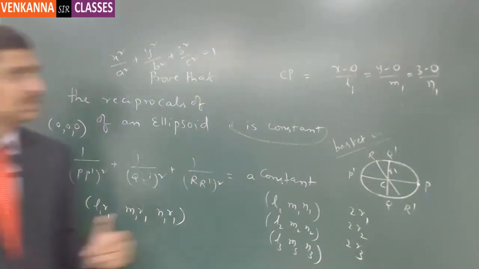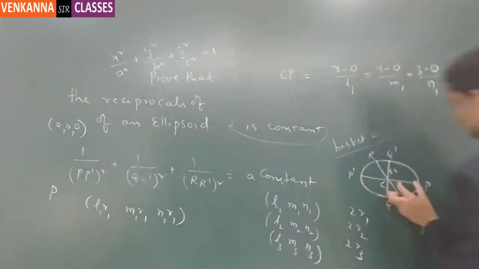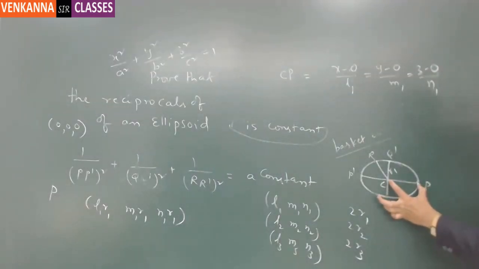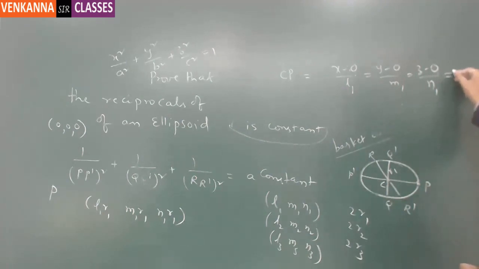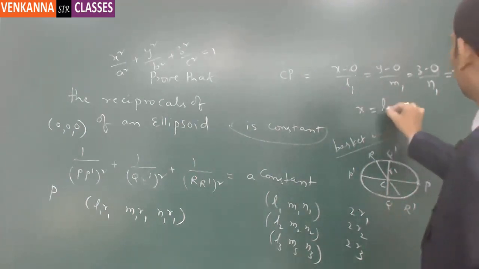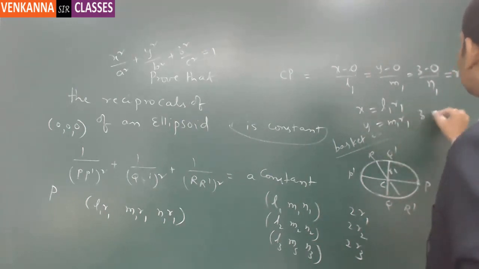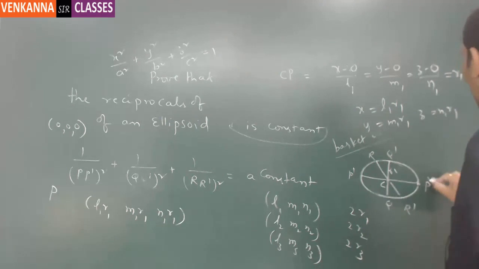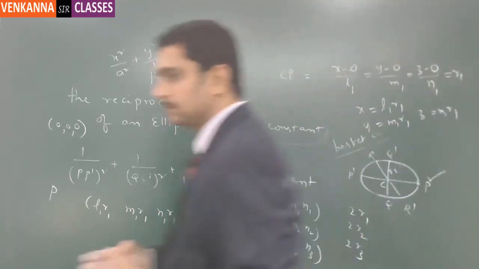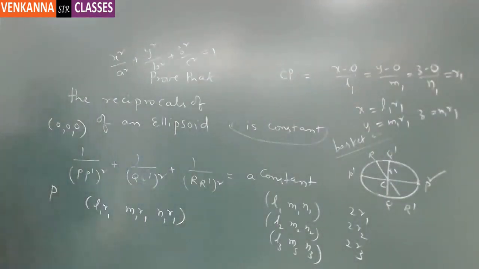Now this is at a distance of R1. So x is equal to L1 R1, y is equal to M1 R1, z is equal to N1 R1, the coordinates of P. Agreed? From the parametric form you have written. Is it clear for everyone?